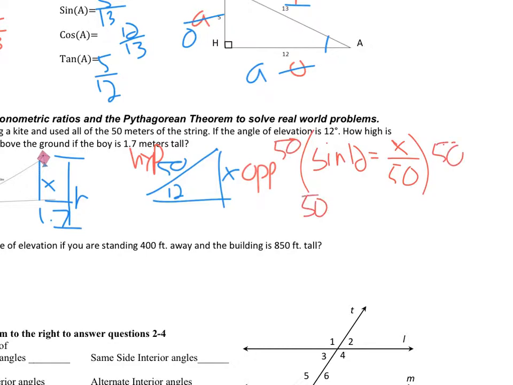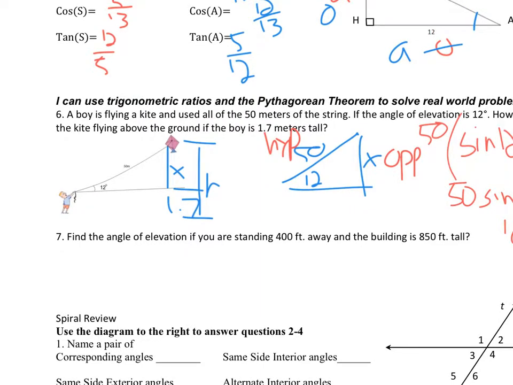And you get 50 sine of 12 equals X. Type that in your calculator and you get X equals 10.4. But that is just this height here. So we need to go 10.4 plus the height of the boy, which is 1.7, which gets us to 12.1 meters.